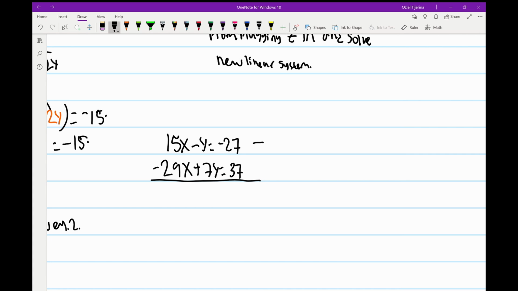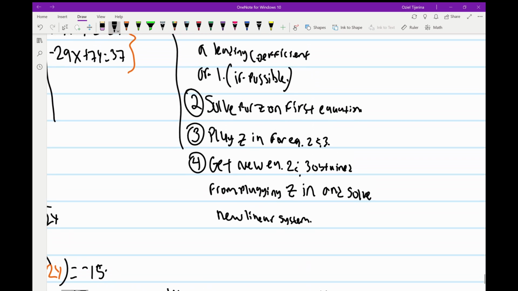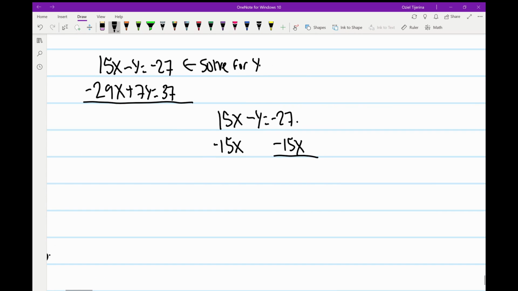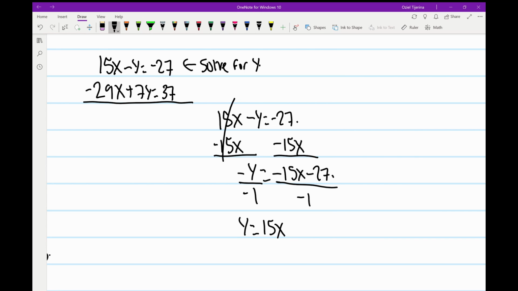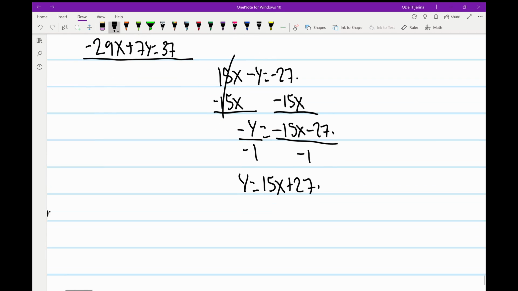So we have 15x minus y equals negative 27. This cancels out. We get negative y equals negative 15x minus 27. Divide by negative 1 on each side. We get y equals 15x plus 27, okay?